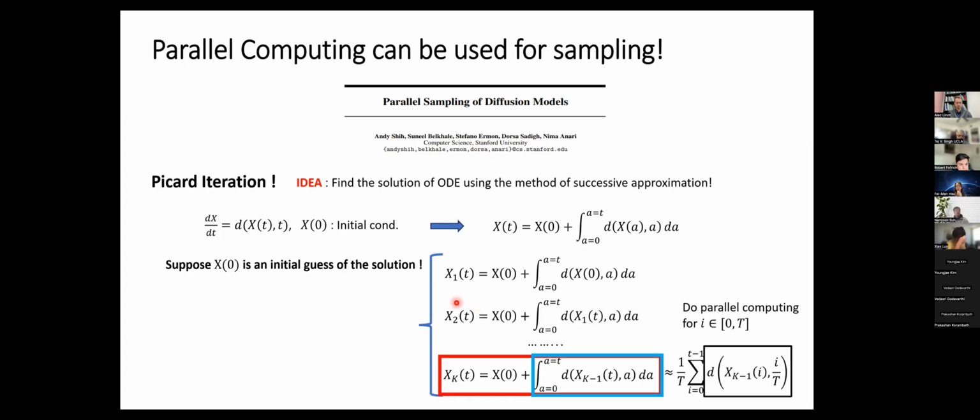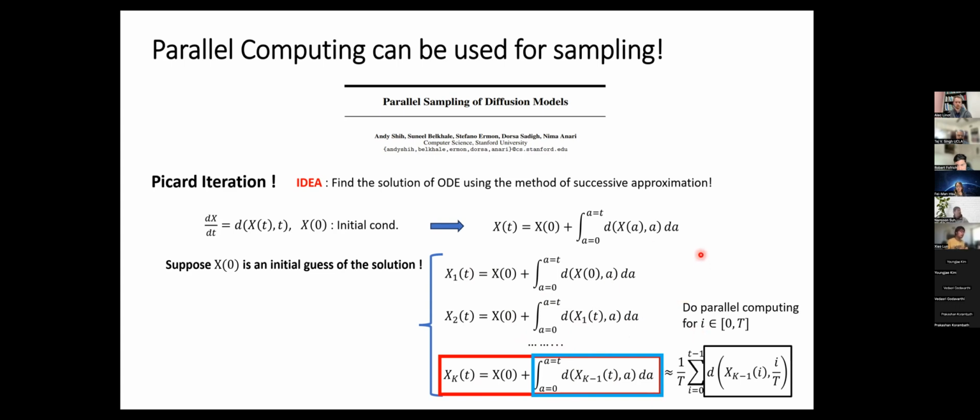It's the next guess of the solution, and you put this next guess into another integral, like you put this X1 into this integral form, and you solve another integral, which is usually solvable in general cases, and you do this capital K times until the solution converges.